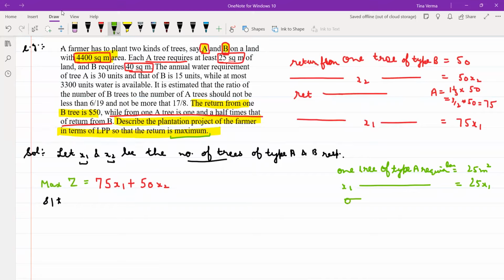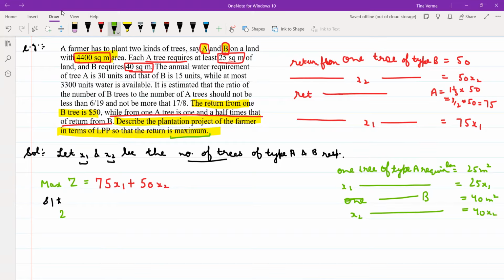One tree of type B requires 40 square meters, and x2 trees will require 40x2.